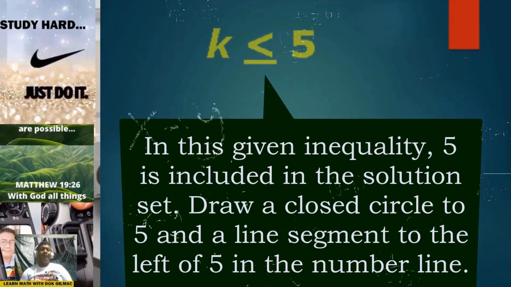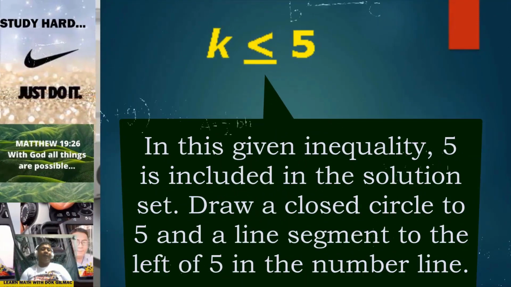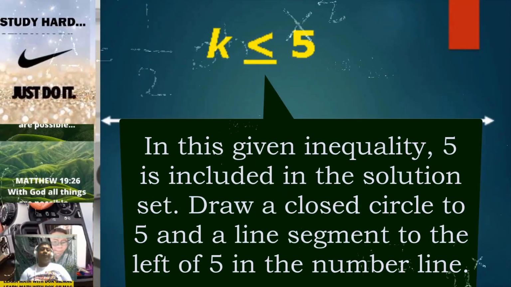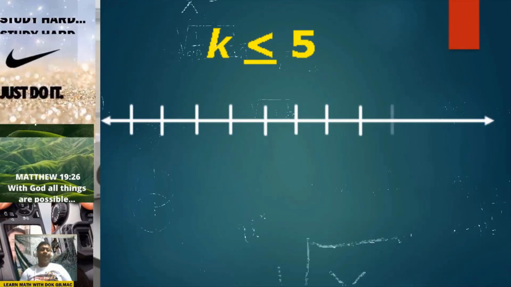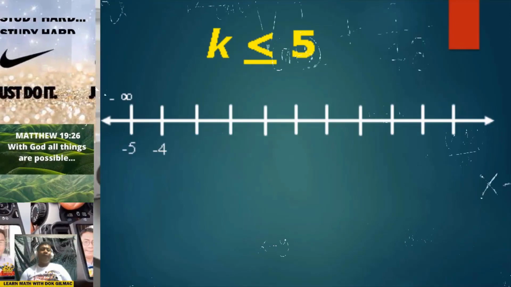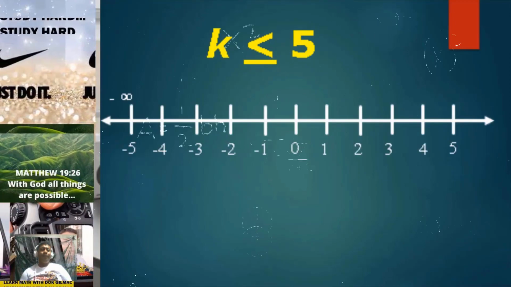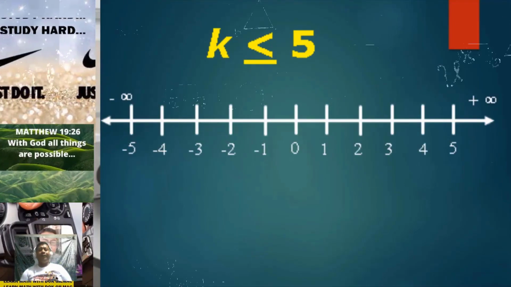Let's graph. Consider k is less than or equal to 5. So we have the number line here, from negative infinity up to positive infinity.